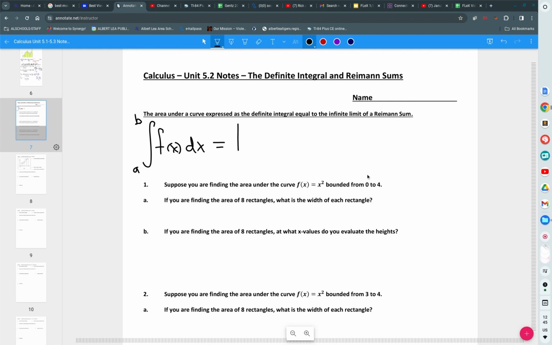It means the limit as n goes to infinity of the sum from i equals 1 to n of f of x sub i delta x.